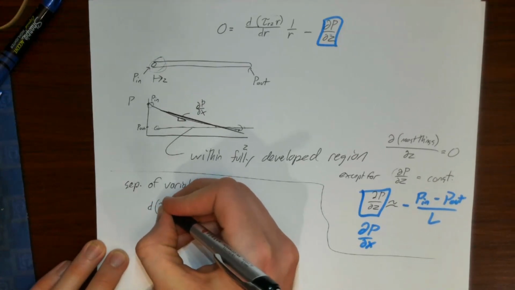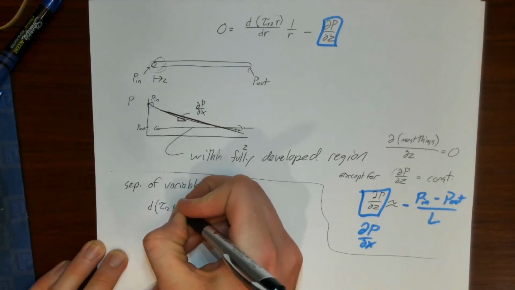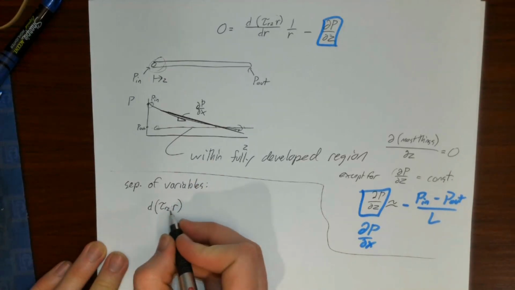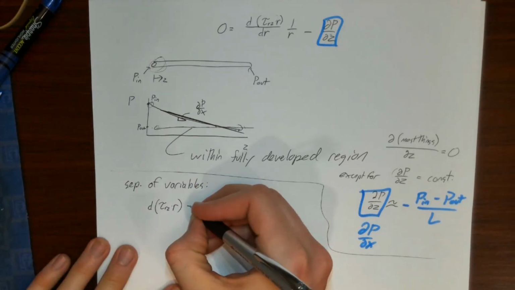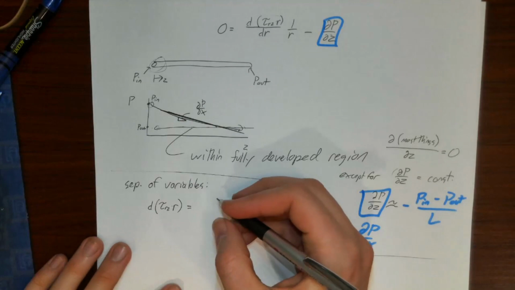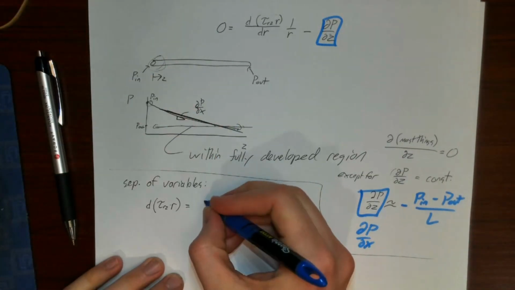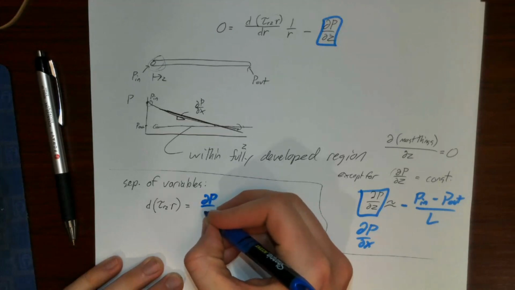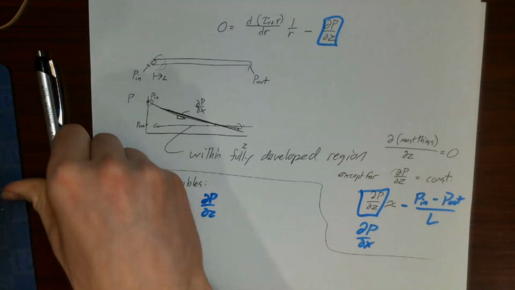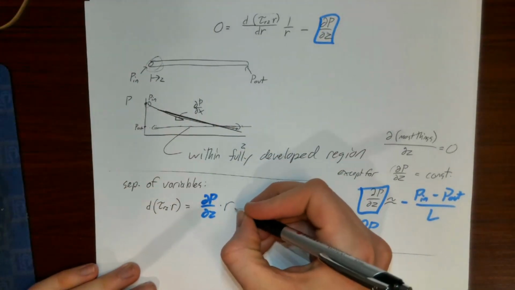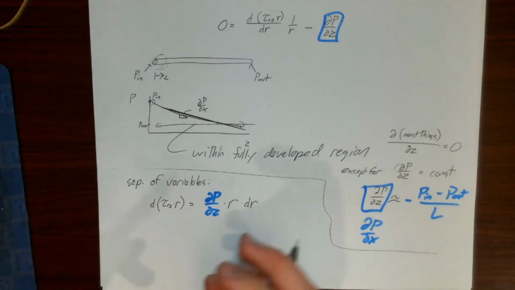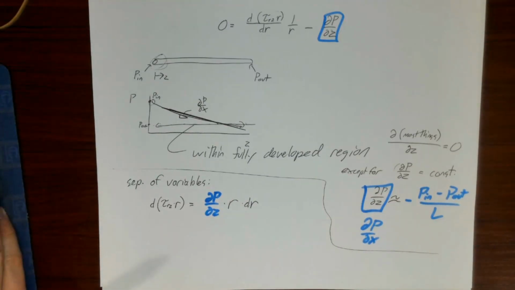It's going to be d of tau rz times r, where it's d of this whole quantity on one side. And then on the other side, it would be dp dz times r dr. Right, so I've separated my variables, and now I'm looking to integrate both sides.